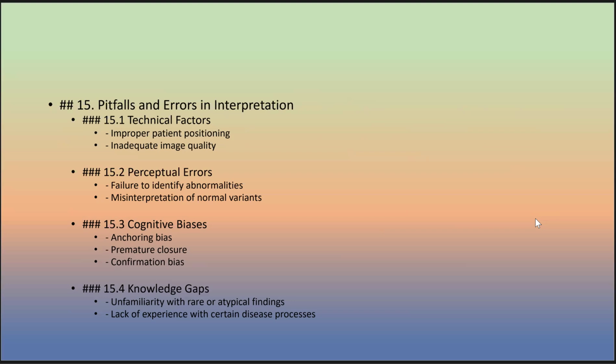Perceptual errors: failure to identify abnormalities, misinterpretation of normal variants. Cognitive bias: anchoring bias, premature closure, confirmation bias. Knowledge gaps: unfamiliarity with rare atypical findings, lack of experience with certain disease processes.